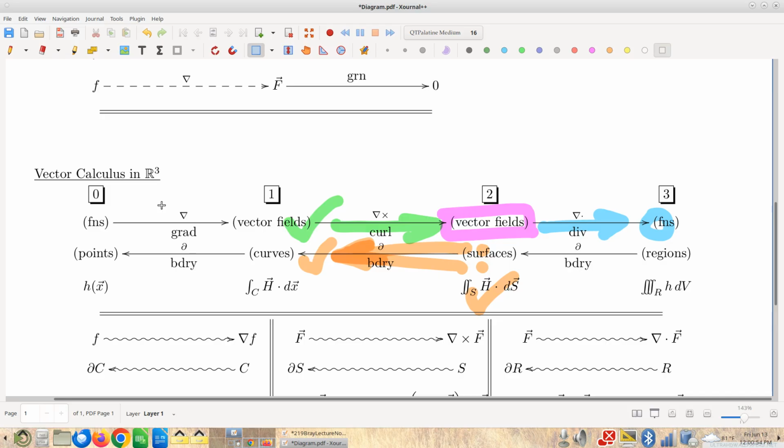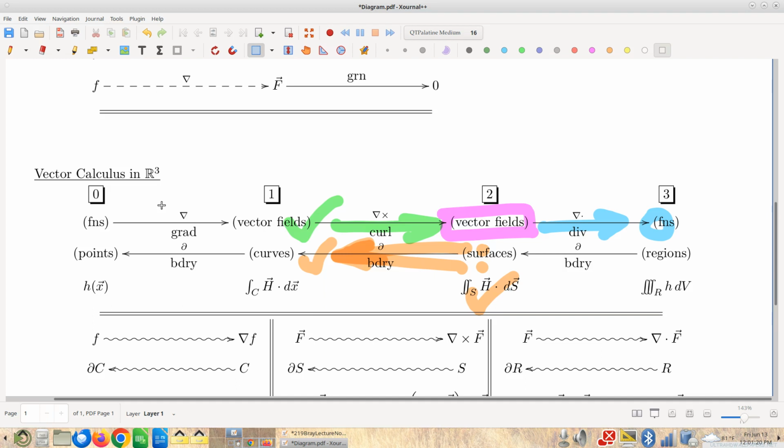But it's going to turn out that any vector field that is a curl of something will have divergence equal to 0, and vice versa. And furthermore, any vector field whose divergence is 0 will have this mysterious property that I can't really talk about completely just yet, but no surprise, we're going to call this surface independence.